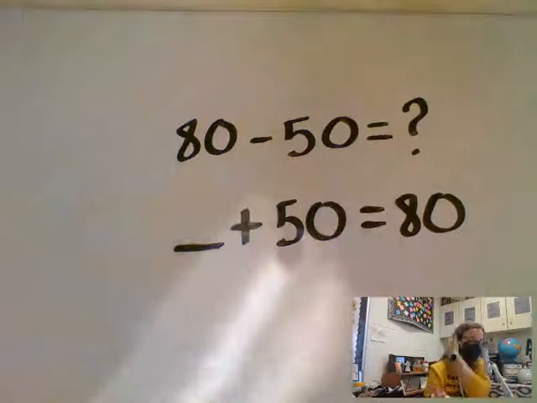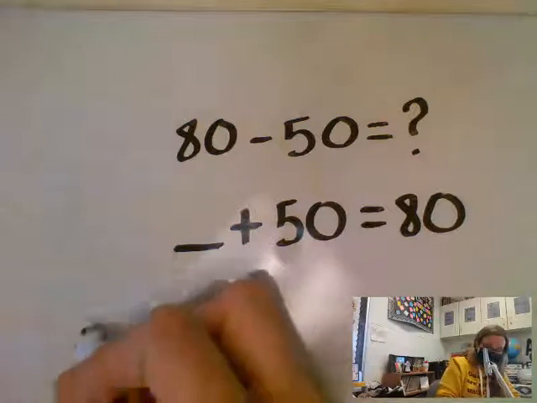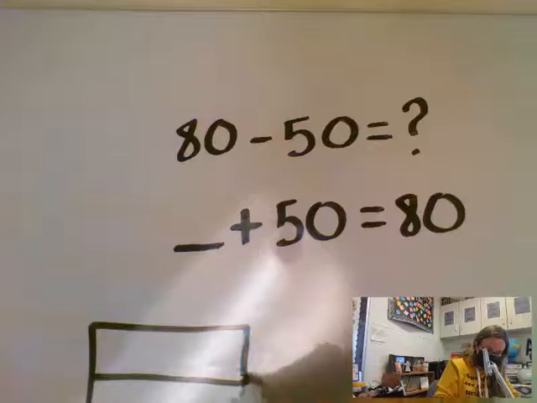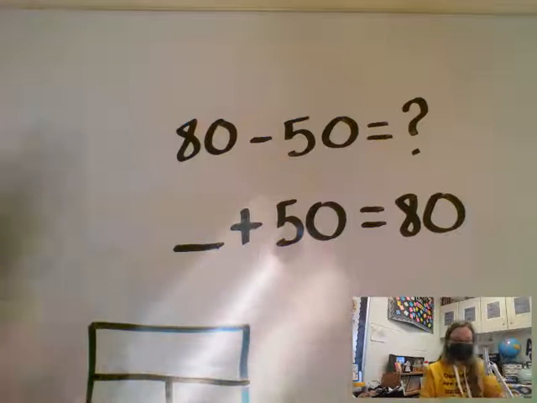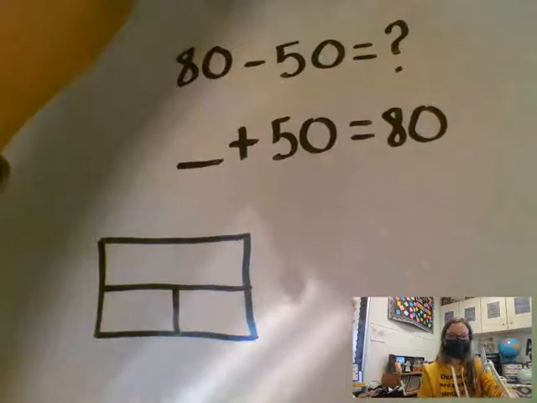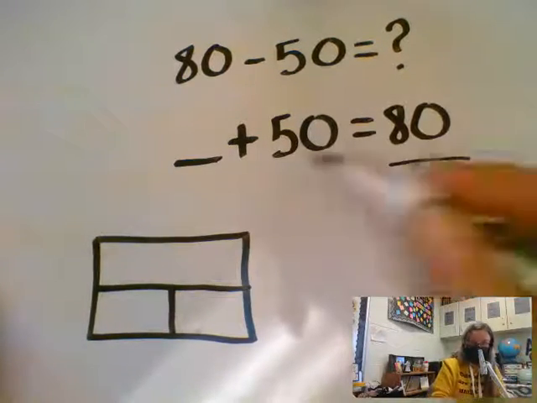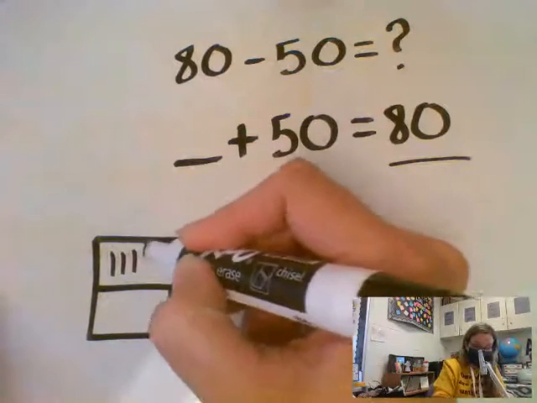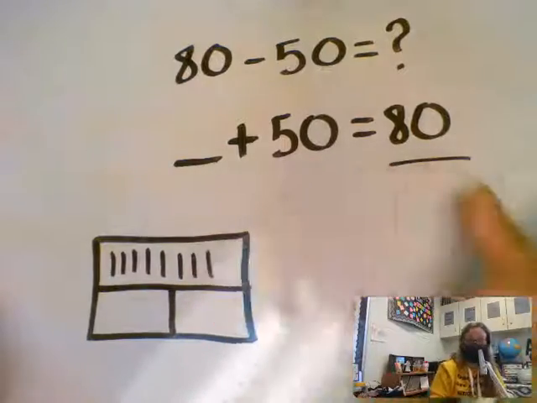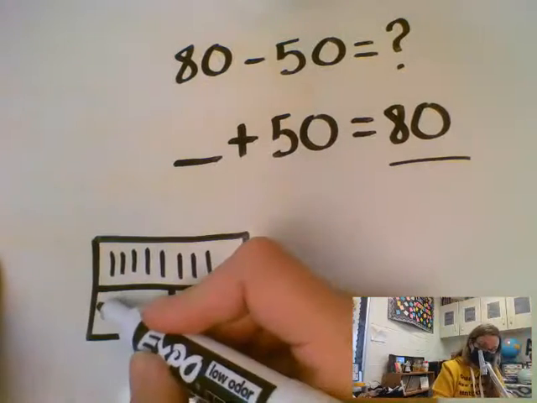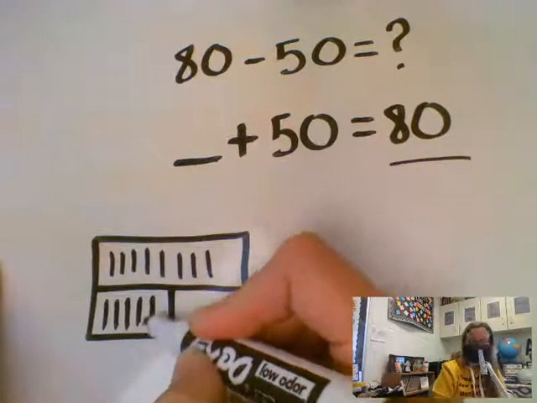So we draw out our part whole box, because whenever we're trying to figure out that missing addend, it's helpful to have the parts here. Okay. And then I know my total is 80. So that's 10, 20, 30, 40, 50, 60, 70, 80. That's what I'm trying to get to here. And I know one of my parts is 50, 10, 20, 30, 40, 50.